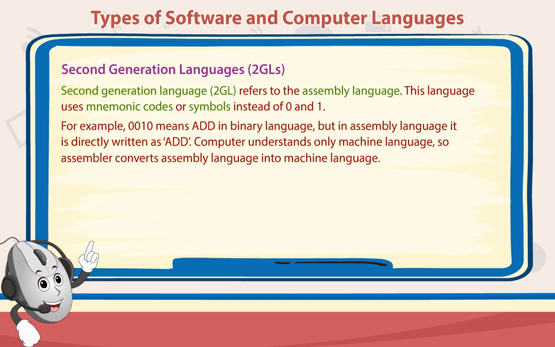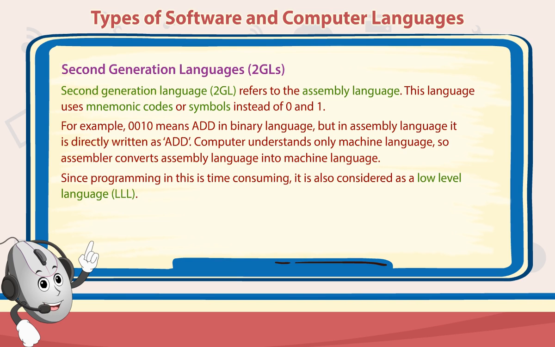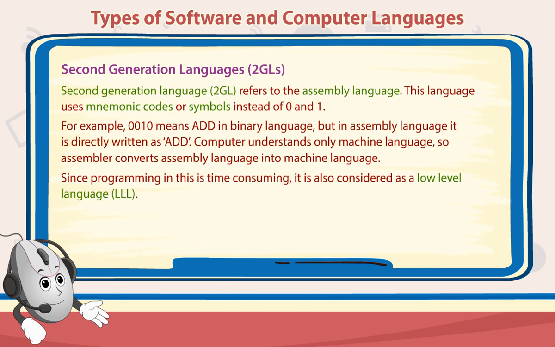Computer understands only machine language. So, assembler converts assembly language into machine language. Since programming in this is time-consuming, it is also considered as low-level language, LLL.